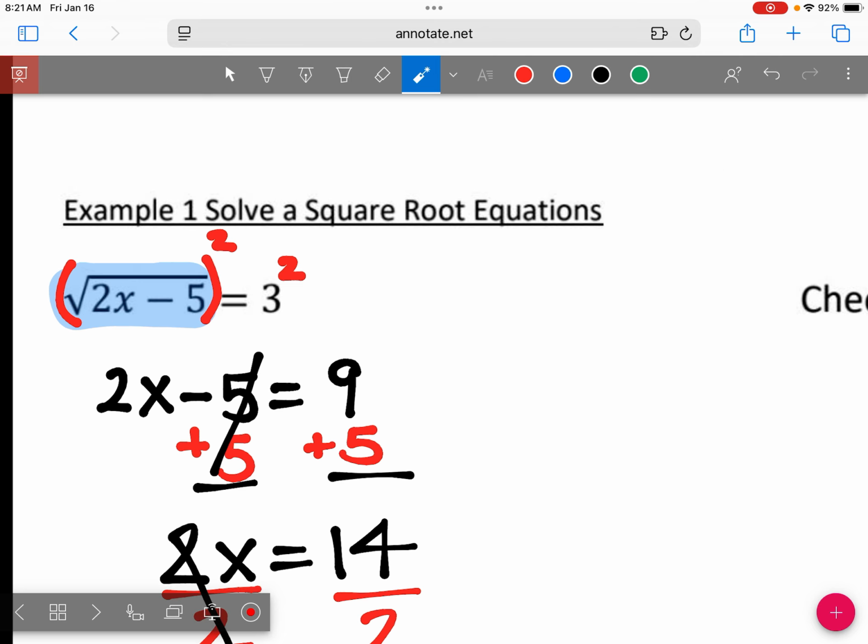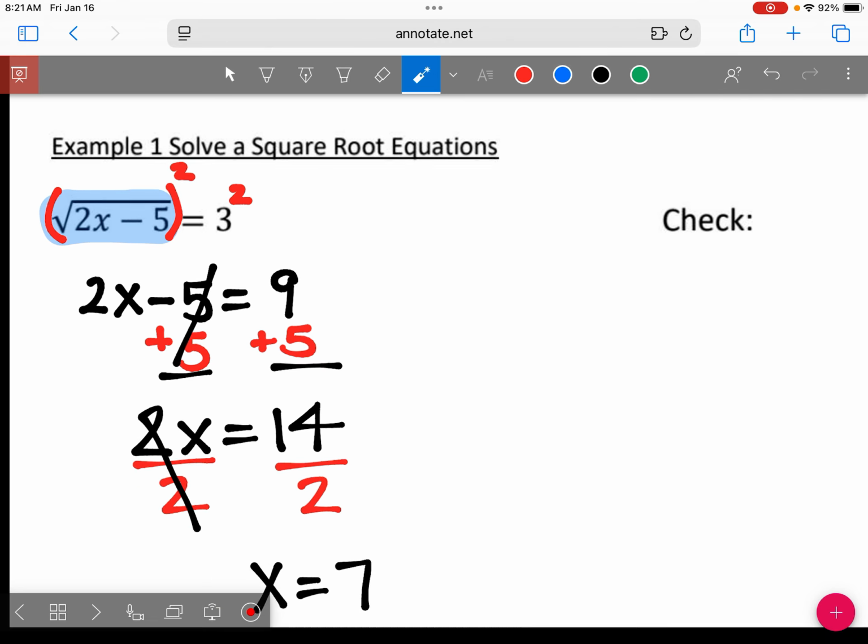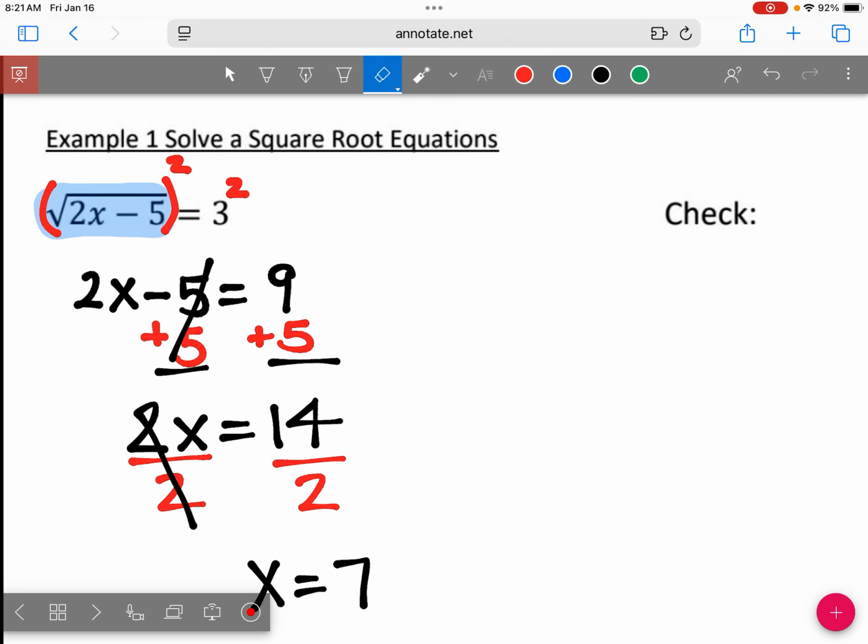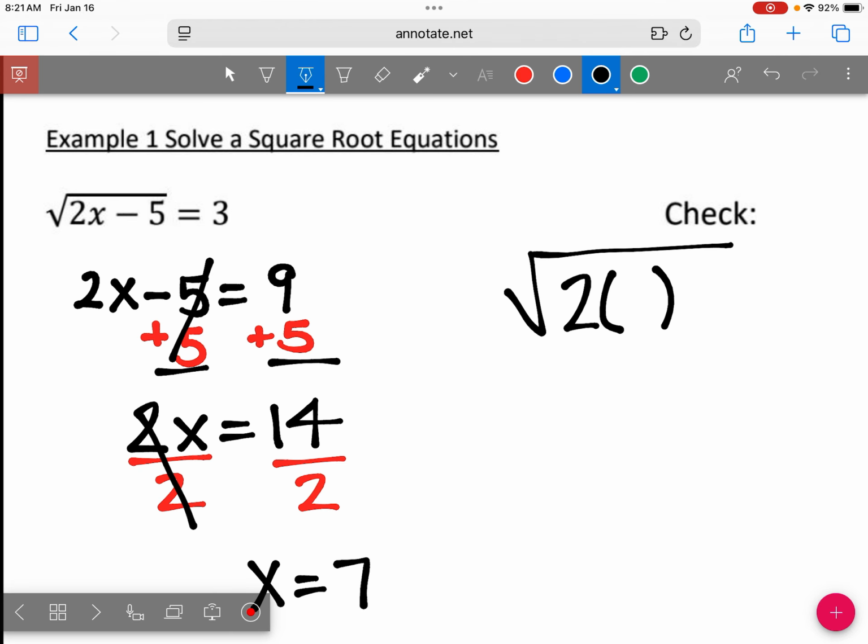All right, so now let's go ahead and check it. In order to check it, all I'm going to do is write this equation, but where there's an x, I'm going to put a parentheses. So I'm going to write the square root of 2 times parentheses minus 5 equals 3.